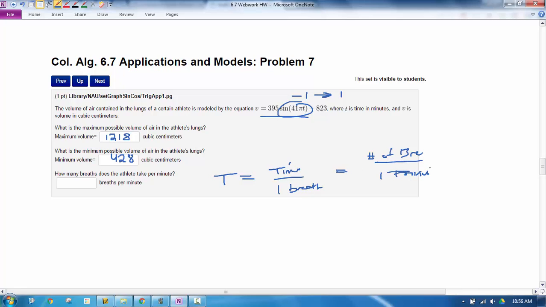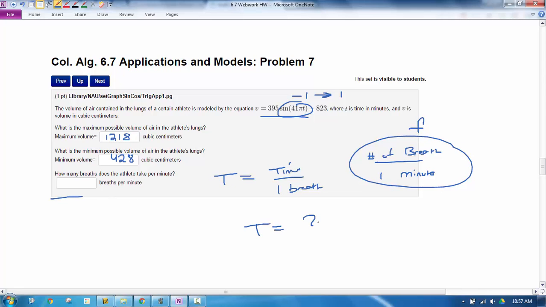So period is time over one breath, and frequency is breaths over time, which in this case is the number of breaths in 1 minute. So the reciprocal of the period gives you the frequency, which is what they're asking for here. So my period is 2 pi over b, where b is 41 pi. The pi's cancel and you get 2 over 41. And if you reciprocate that, you get 41 over 2, which is the frequency that they want here, 41 divided by 2.